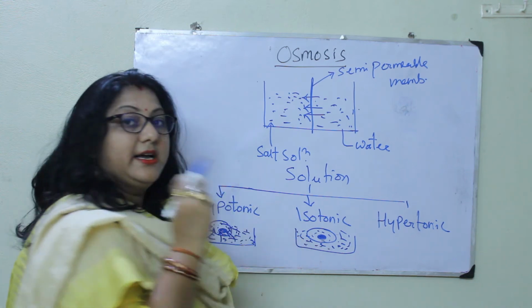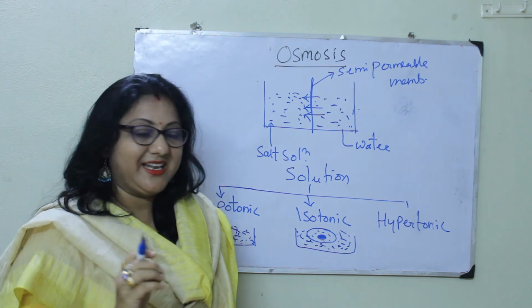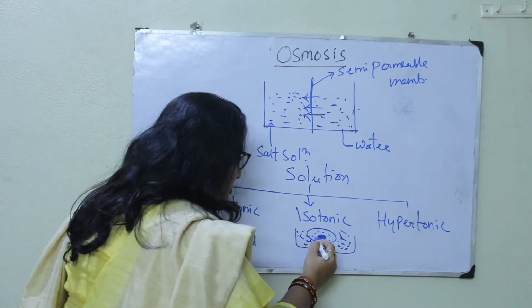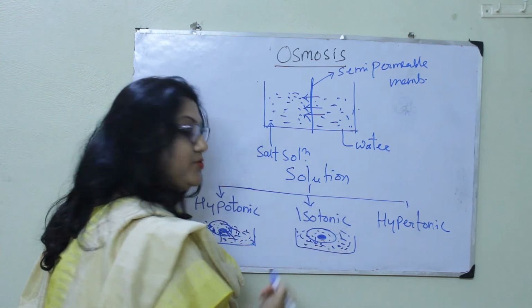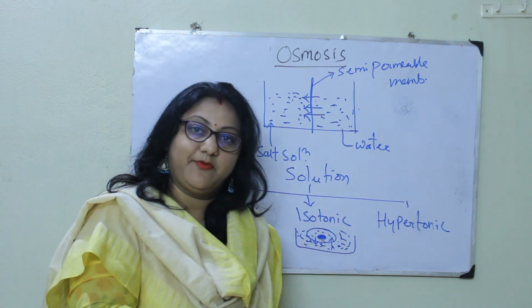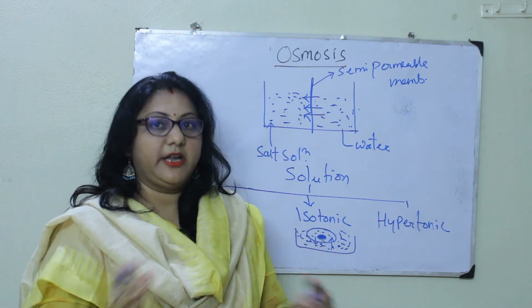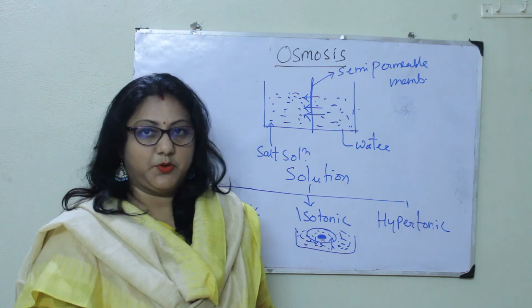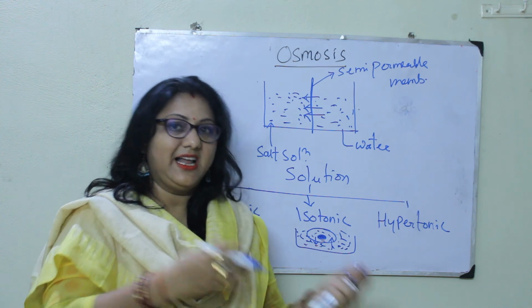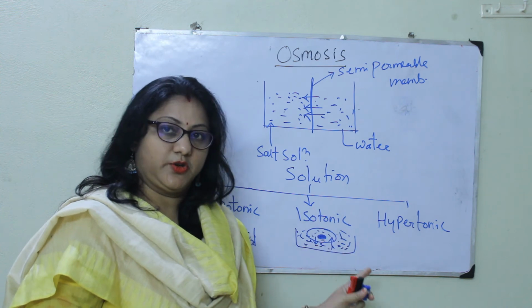Because there is no net movement of the molecules. Net movement means there is movement of molecules, but however much water is moving out of the cell to the solution, that much water is moving inside the cell from the solution. So entry and exit are both equal, so net movement is 0. Clear? So there is movement, but the movement is equal inside the cell and outside the cell. Those types of solutions are called isotonic solutions.